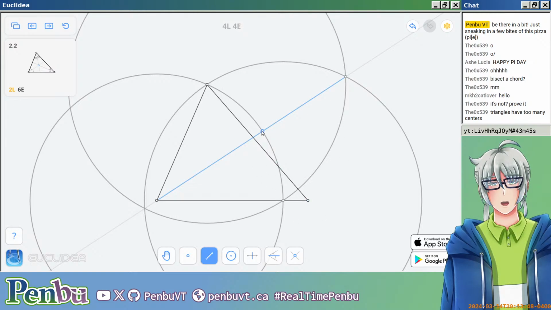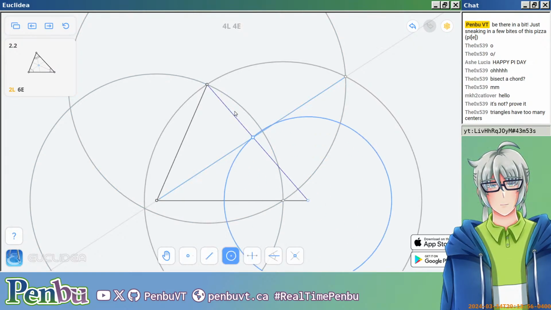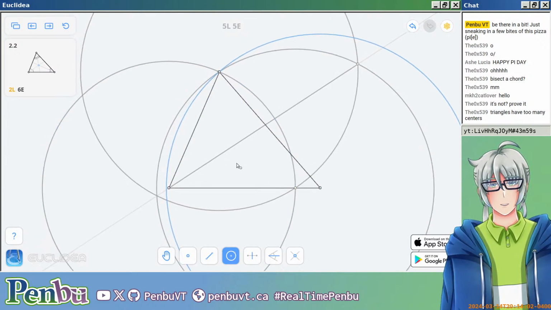And then we can reuse... Where is my other circle center? So this is the circle center. And if we draw something from here to there, we're at 5 now. And then we have our intersection.